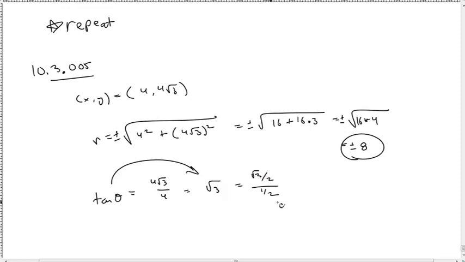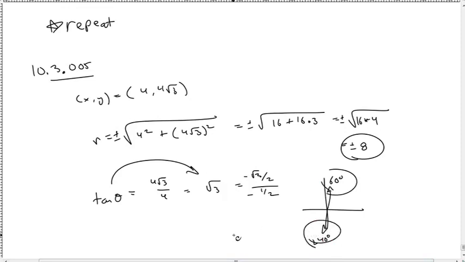My y value is bigger, my x value is smaller, so it's going to be here at 60 degrees. And technically, that's it. Another way to understand is down here, because your tangent could be both negative, so you could have a negative and a negative, and it would be down here as well, at not just 60, but 240 degrees. So there's two answers there as well.